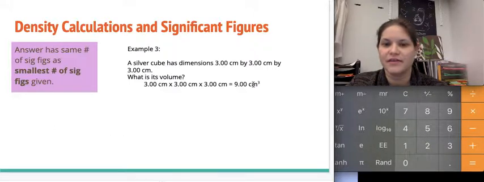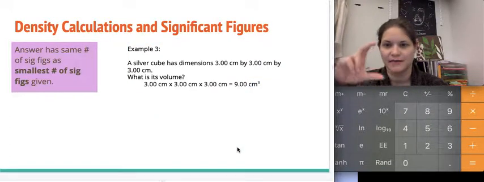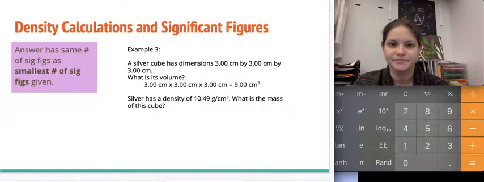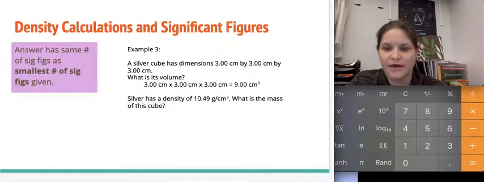And remember that centimeters cubed is the exact same thing as a milliliter. They're defined to be the same amount of space. Silver has a density of 10.49 grams per centimeter cubed. What is the mass of this cube?